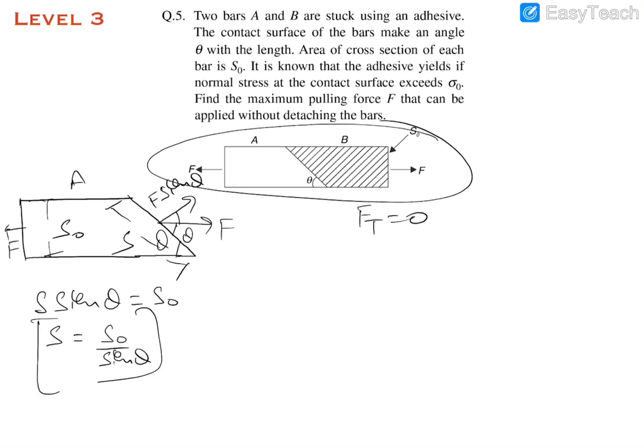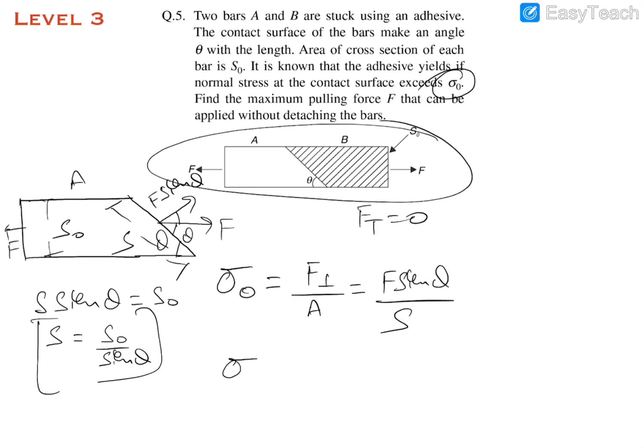So the maximum stress which the adhesive can bear is sigma naught, and it would be equal to the perpendicular force upon area. The perpendicular force is F sine theta, and the area on which it is acting is S. So sigma naught is equal to F sine square theta by S naught, because we have substituted the value of S as S naught by sine theta.